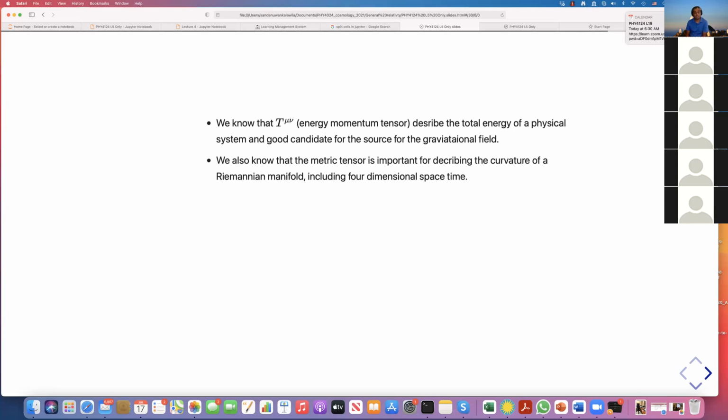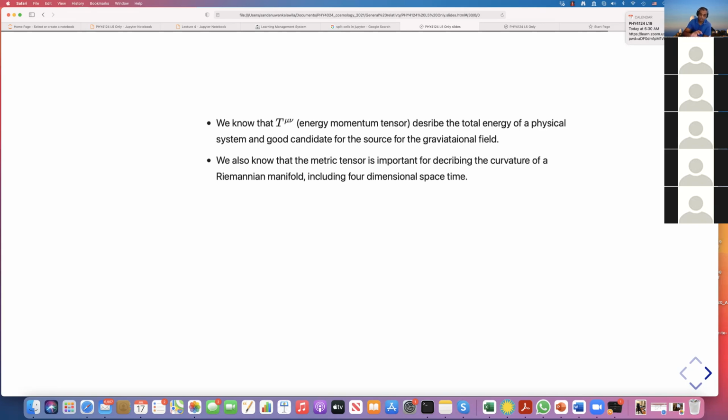And the other thing is, there is something else that we also know, that is the metric tensor is important for describing the curvature of a Riemannian manifold, including four-dimensional space-time. So the metric tensor is G mu nu. Remember that we said for the Minkowski space, which is a flat space, the metric tensor is eta mu nu, right?